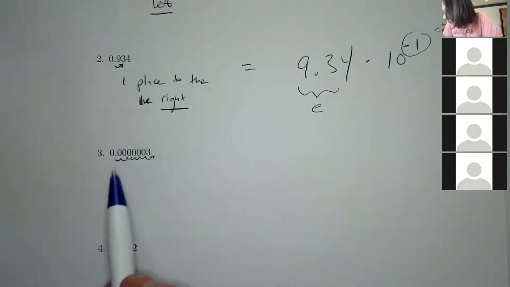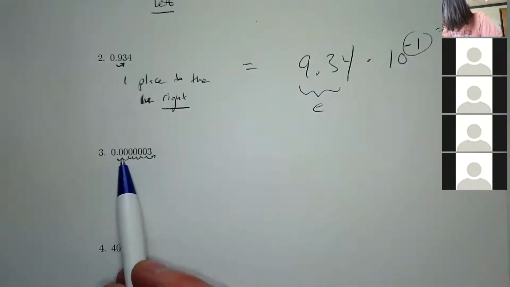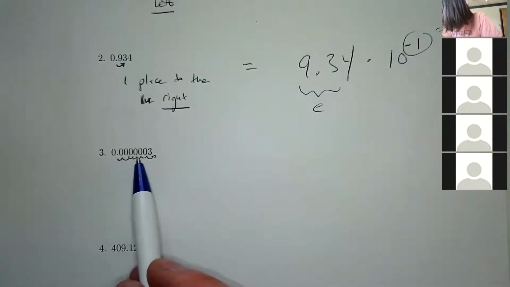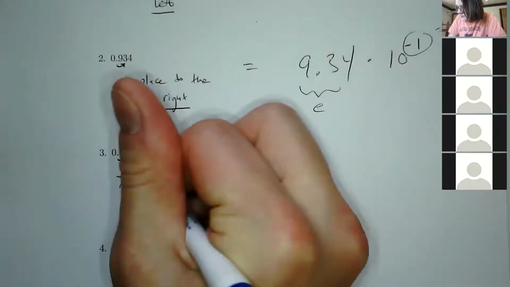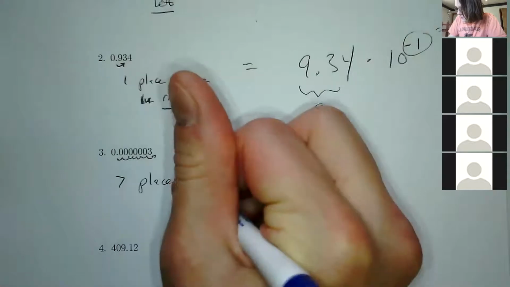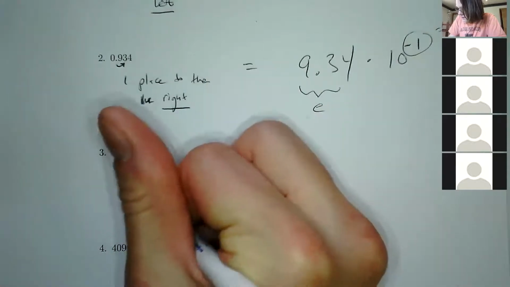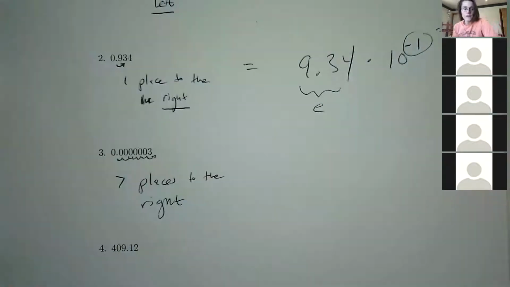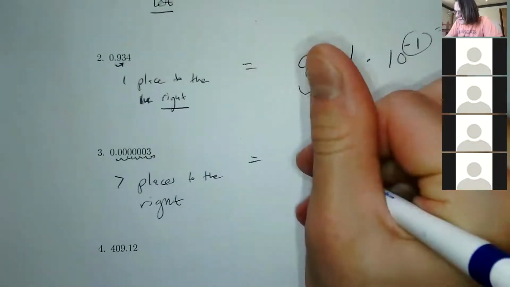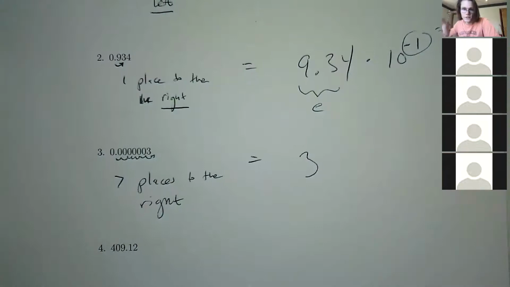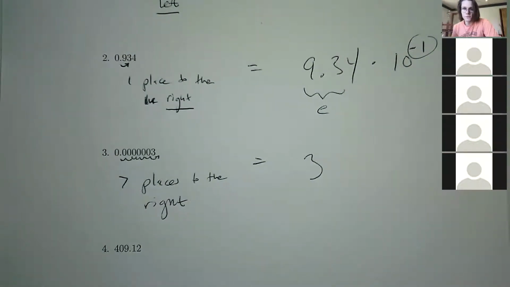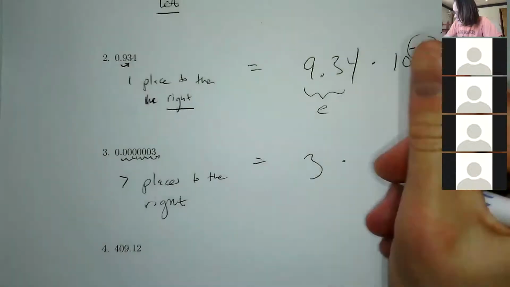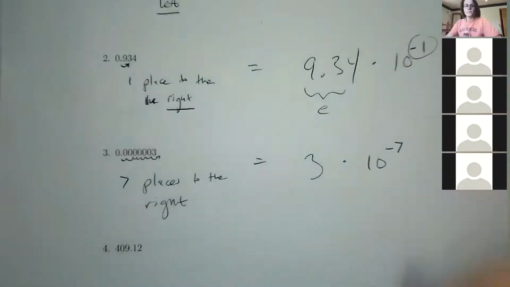Yeah, 1, 2, 3, 4, 5, 6, 7. Yep, 7, it looks like. So 7 places to the right. All right, and then it's right after the 3. And so doing it that way, I have just regular 3. If you want, you can put 3.0, but you don't have to because it's just 3. And then times 10 to the minus 7.